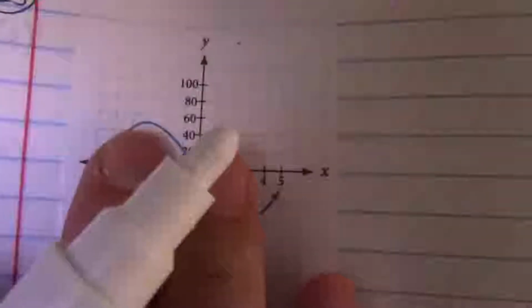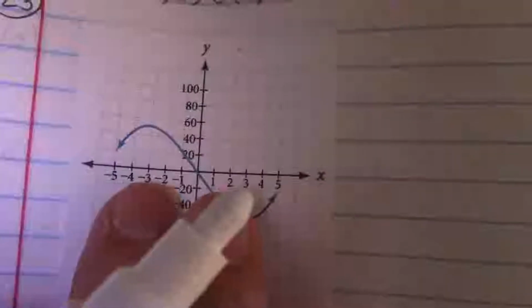Think of a hilltop. That looks like x equals negative 3. And the value, what does that look like? It looks like it's between 40 and 60 on the y-axis, so that would make it about 50, wouldn't it? So we'll just say 50.